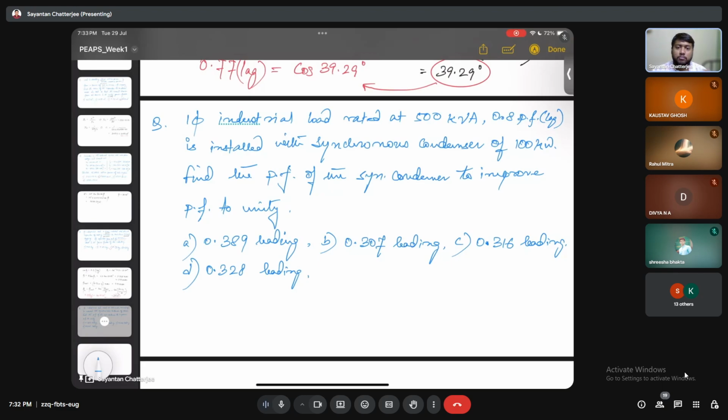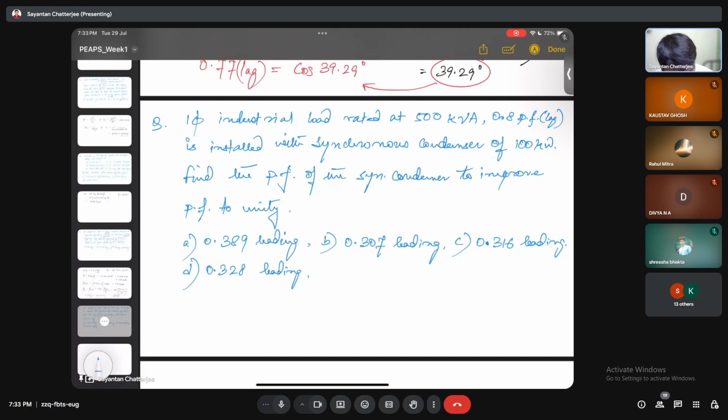Here the question is how much the synchronous condenser will improve the power factor. 0.316 leading.